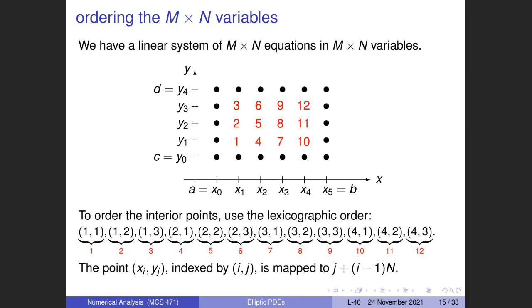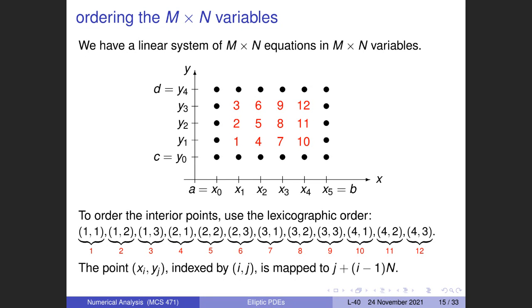We want a unique number. And how can we map this? Well, we sort the points in lexicographical way. Think about the points now as letters instead of numbers. So we would have A, B, C, D, although this is now bad because we have already used the A, B, C, D. But consider the numbers as if they were letters.